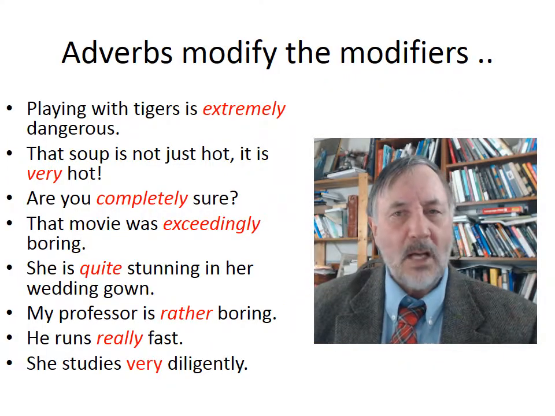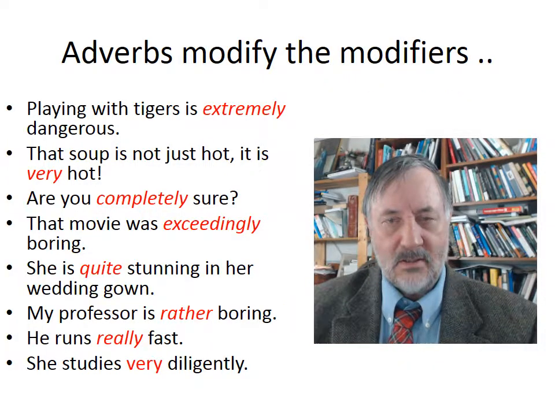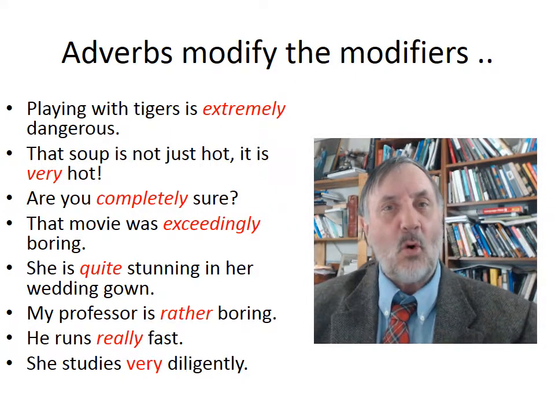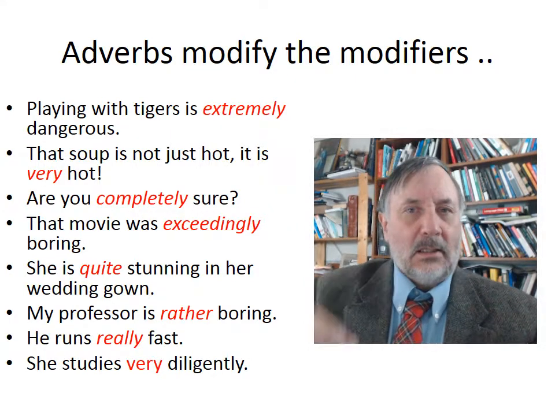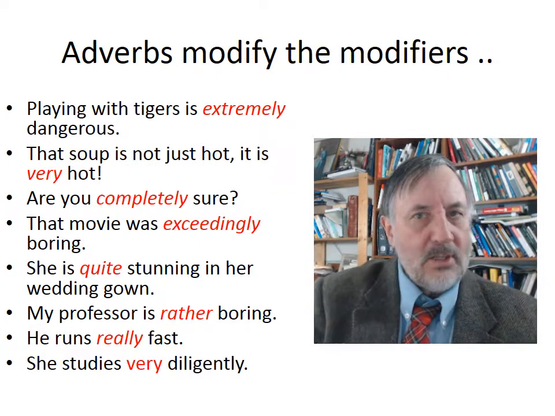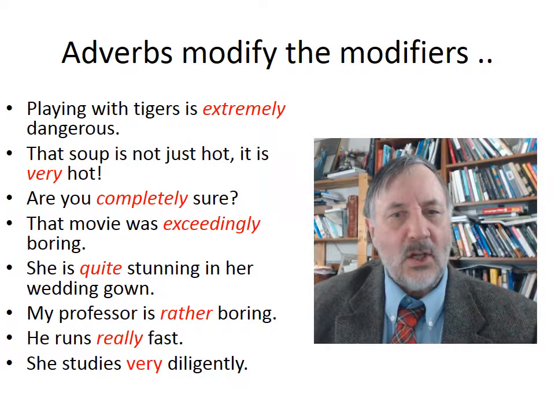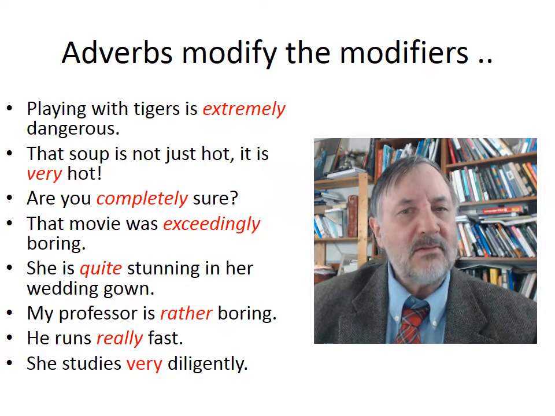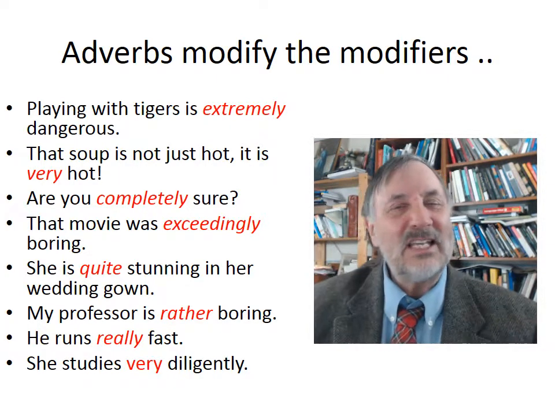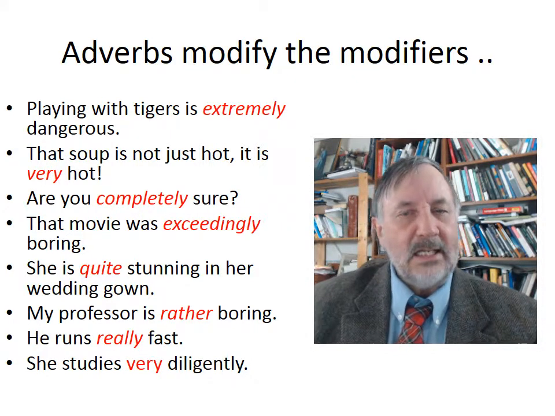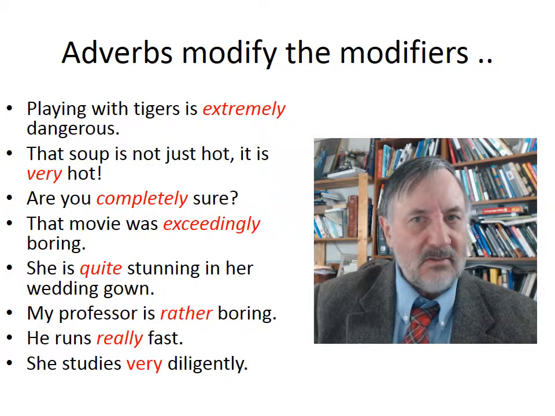Adverbs also modify the modifiers. So if you have a word modifying a modifier, either an adverb or an adjective, the word that's doing the modifying of the modifier is an adverb. So, playing with tigers is extremely dangerous. Note that dangerous is an adjective.